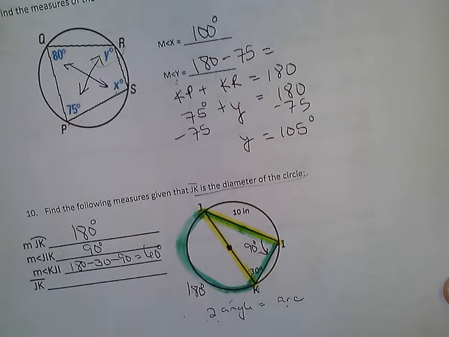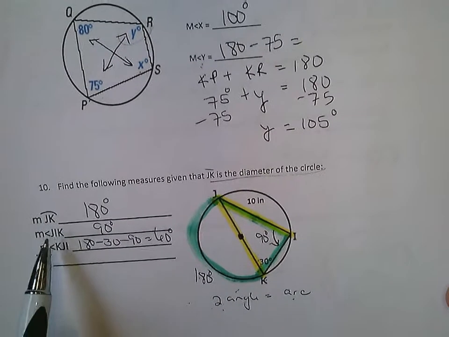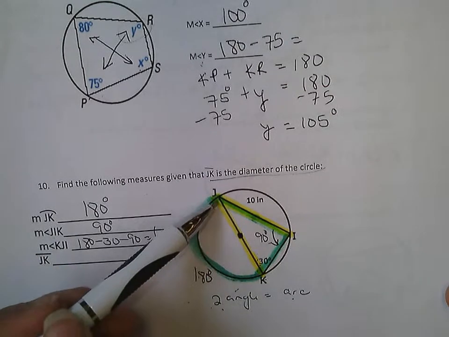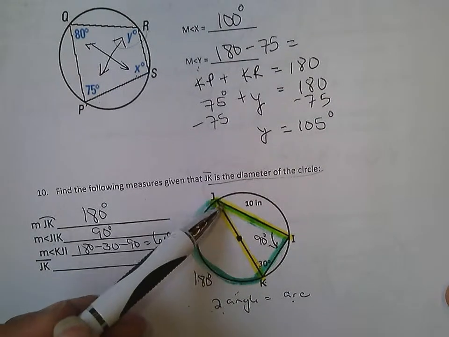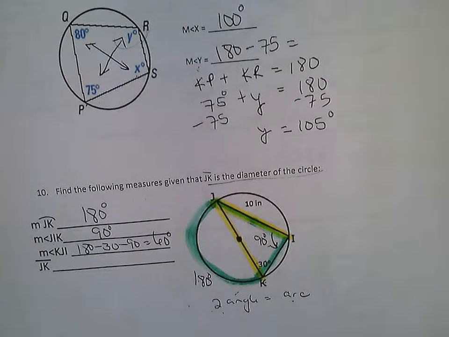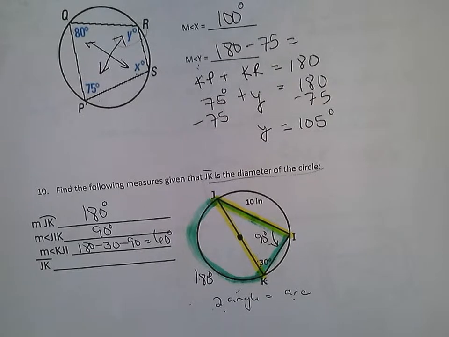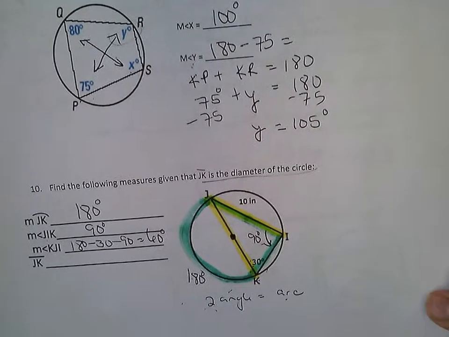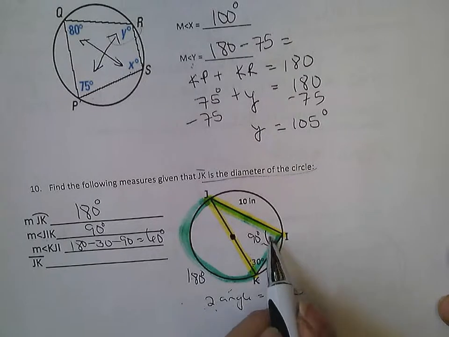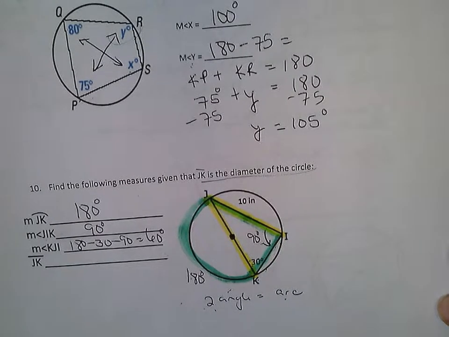Now this is a line segment, and we want to know how long this line is right here. That is where we look at our trig properties. Anything with a right angle in it, we can use our trig properties.